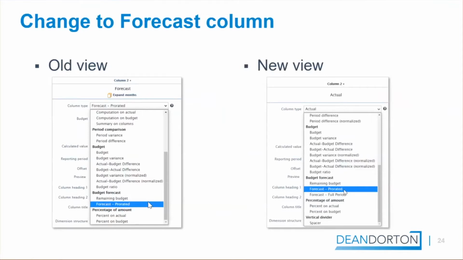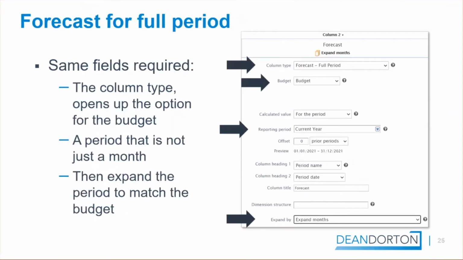So changing to the forecast column here, not only do we have forecast prorated, but we have forecast for the full period as well. So a couple of different choices there for how you do those. And then if you are going to use the forecast for the full period, there are additional fields that are required.